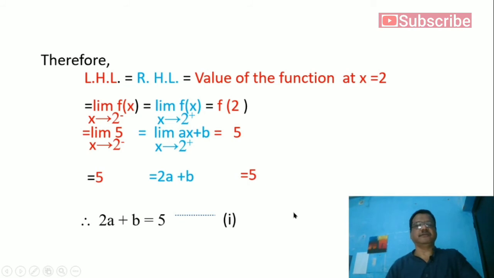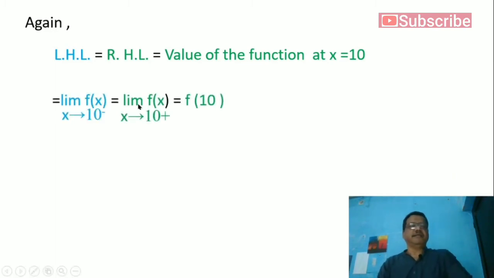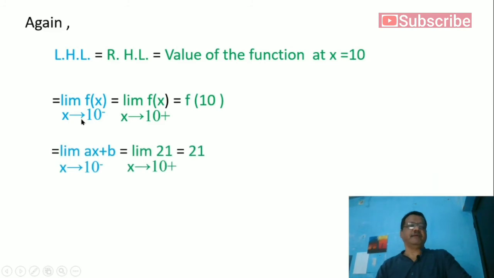One condition we got. Then we know that the function is continuous at 10. So we can write this statement: left hand limit equal to right hand limit equal to value of the function at 10. Fine. Next part, I think you understand what is to be there. Limit x tends to 10 negative f(x), limit x tends to 10 positive f(x) equal to f(10). And for the real numbers which are less than 10 but greater than 2, ax plus b was given, isn't it?